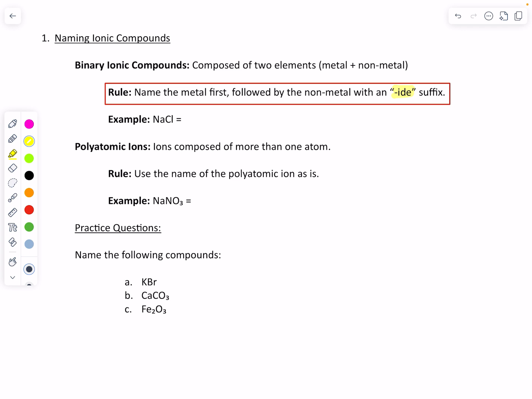For example, NaCl. To name this, we will look at the name of the first metal, sodium, and the name of the second element, chlorine, but we're going to change the ending to IDE, so it'll be sodium chloride.